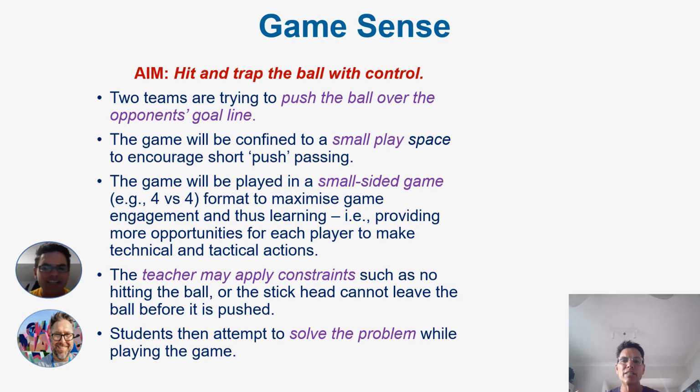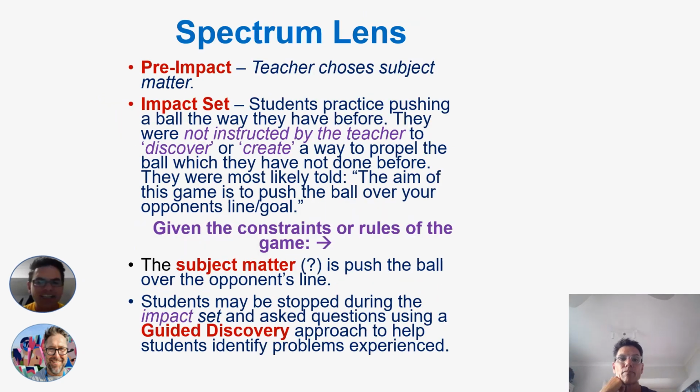Let's say the field is basically a rectangle, maybe 4 meters by about 8 meters, to maximize the opportunities for players to make technical as well as tactical actions or decisions. We'll apply some constraints for safety, but also for learning experiences, and say you're only allowed to push the ball, no hitting the ball, or the stick head cannot leave the ball before it's pushed. And we're going to ask the students to attempt to solve problems while playing this game.